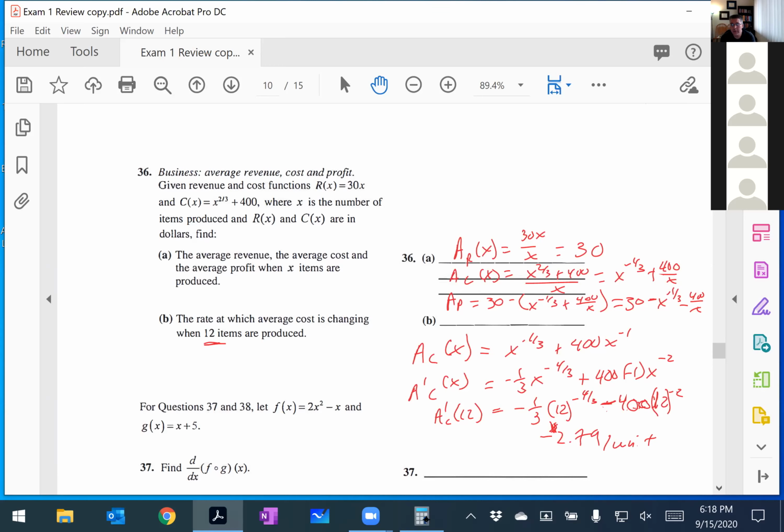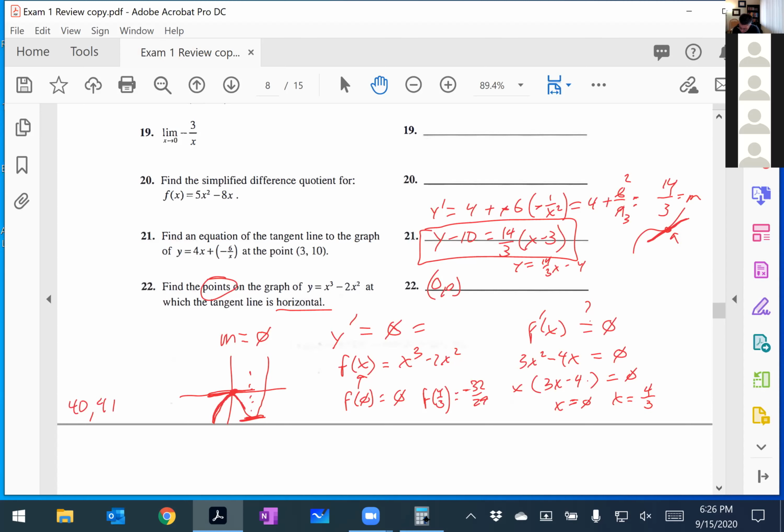If you plug that in and do all the fraction work, you would get 64/27 minus 2 times 16/9, so this would be 32/9, and then you reconcile the fractions and get negative 32/27. So the second point is at 4/3 and negative 32/27 for 22.